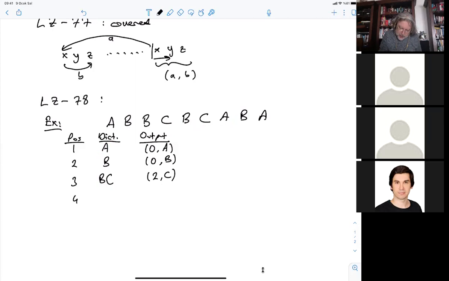So the output I will make will be 3, which corresponds to BC in total. And then we have an A, and the dictionary becomes BCA. The dictionary also becomes BCA in the decoder side. So all of a sudden, we just encode these things.